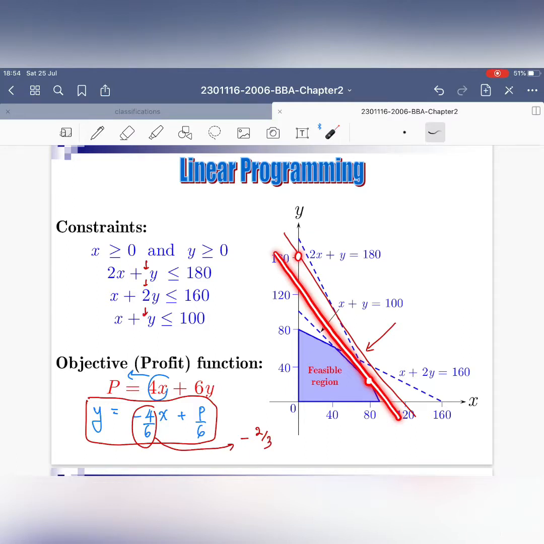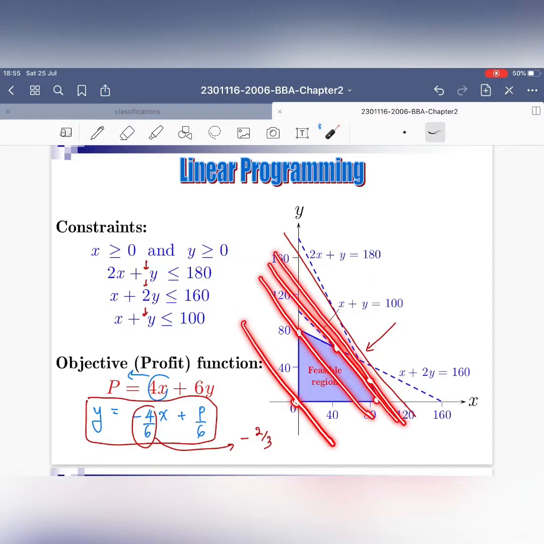So you move this one down so that it touches the feasible region, and as it touches, it may contact this point, this point, or this point, and of course it will cross this region along several lines, right?